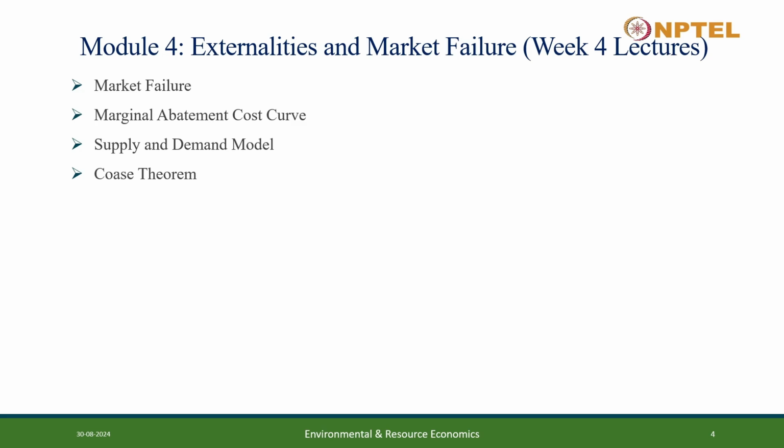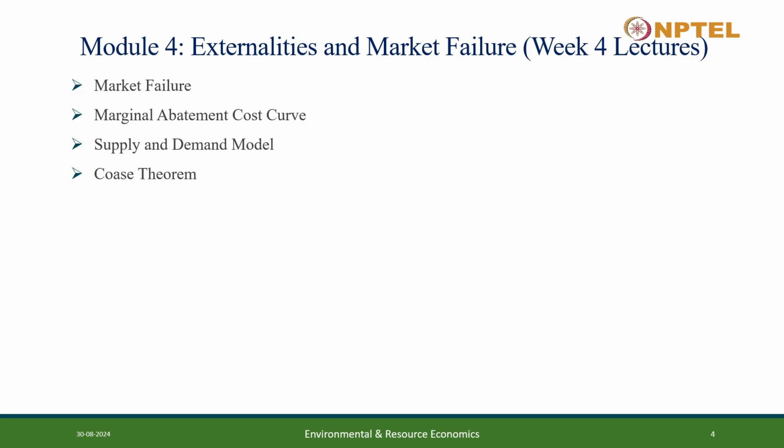After that, we talked about the marginal abatement cost curve. With abatement of each additional unit of pollution, the cost of abatement increases. And then we also talked about the tax which needs to be levied on the firm so as to achieve the optimum abatement level. After that, we talked about the supply and demand model and then the Coase theorem.